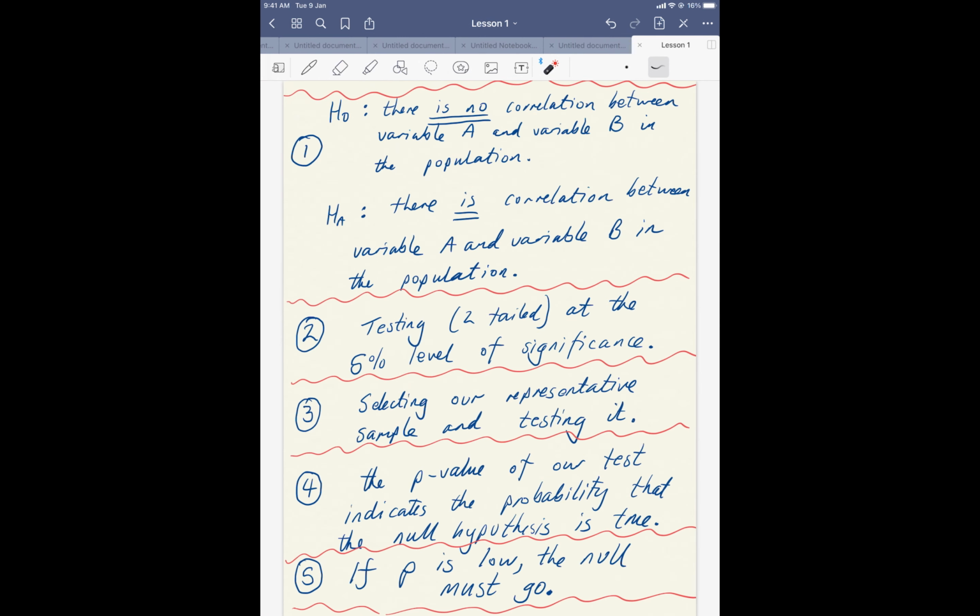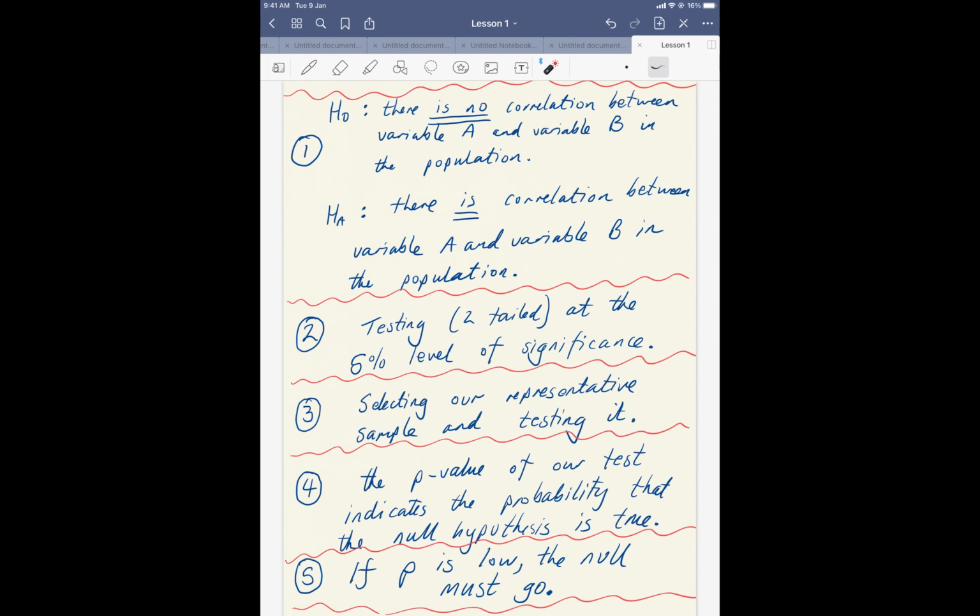The alternate is that there is a correlation, okay? And then we go ahead and we test at the 5% level of significance. And this was a two-tailed test, we're not too sure which direction. It can be one-tailed or two-tailed, you might be able to dig into more details for this. But we're testing at the 5% level of significance. The 5% may change to 1%, 10%, 0.1%, depending on the situation you're in.